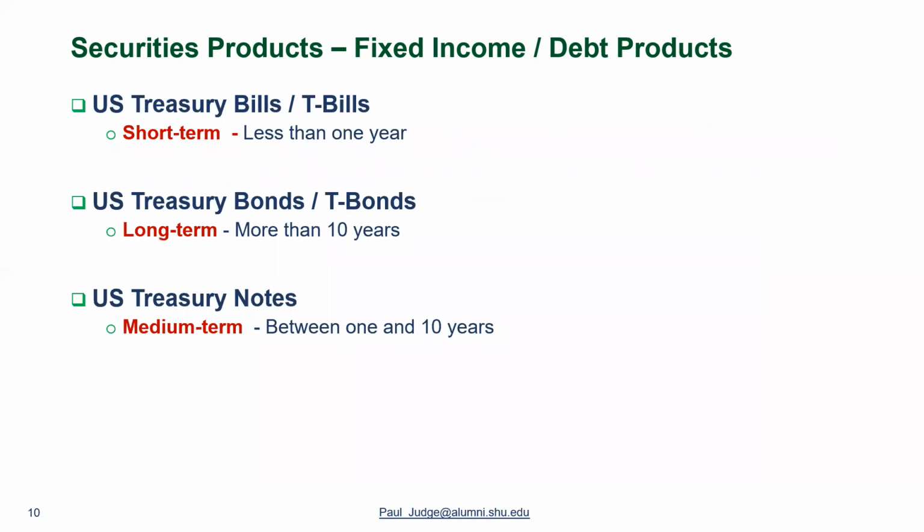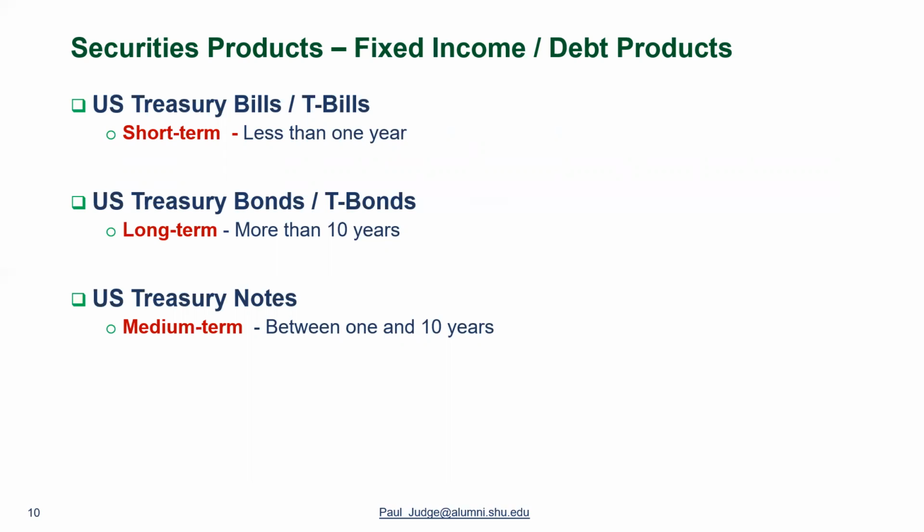So again, let's talk again. U.S. Treasury bills, less than 1 year, short term, right? It doesn't pay any interest. It just pays you back the face value when it settles. Treasury bonds, more than 10 years, pays interest.